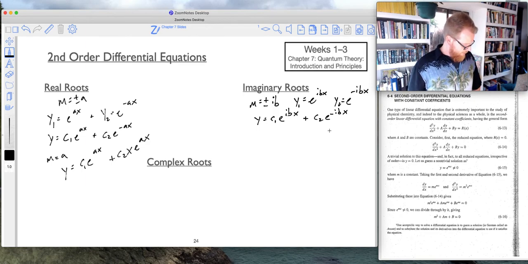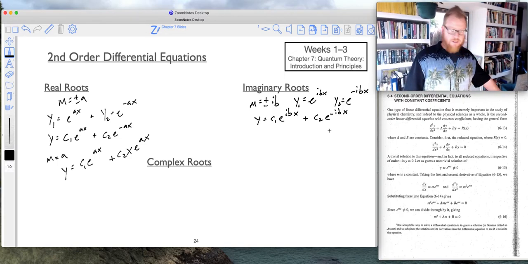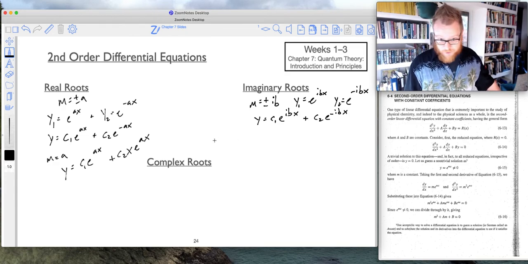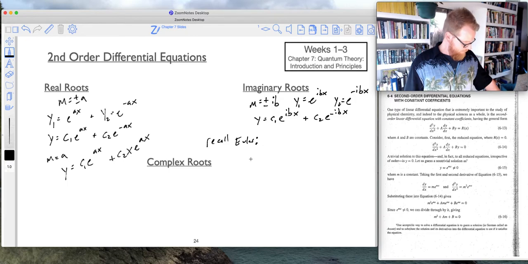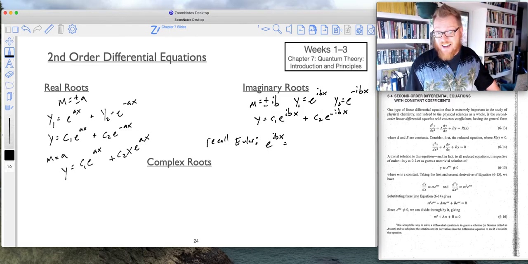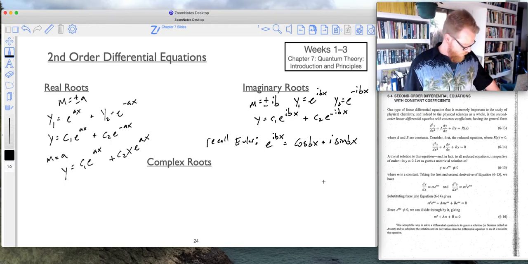Great. And here's where I want to take a step and remind you of Euler. Recall the Euler solutions. If I write e to the ibx, when we have e raised to the power of an imaginary number, we can actually write this as cosine bx plus i sine bx, which is very cool.